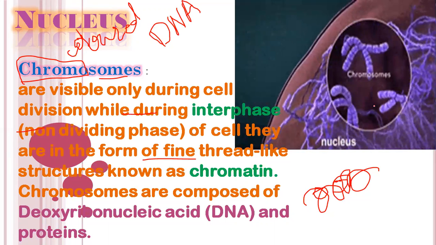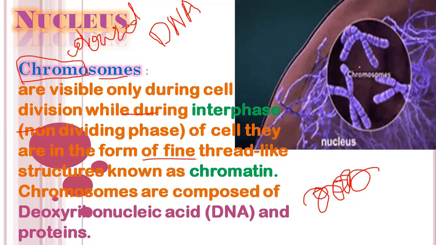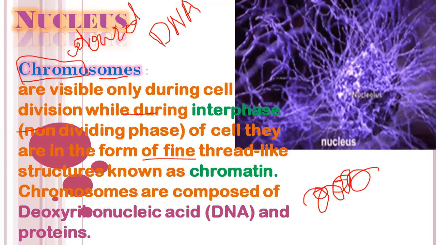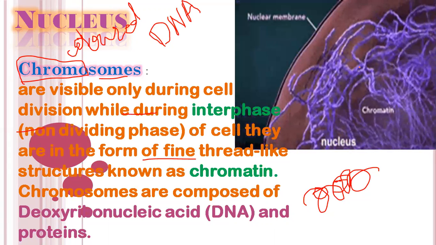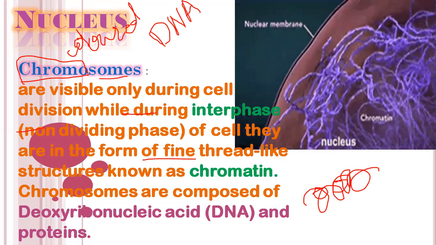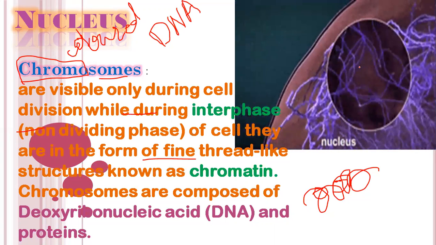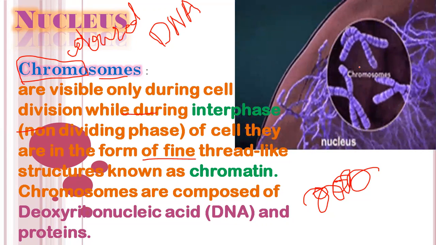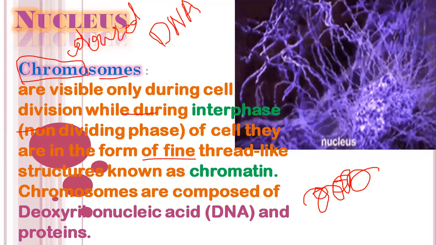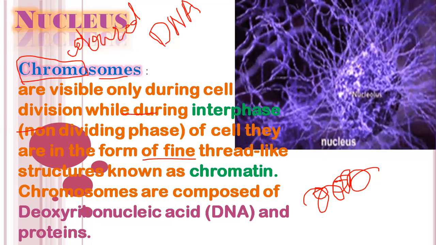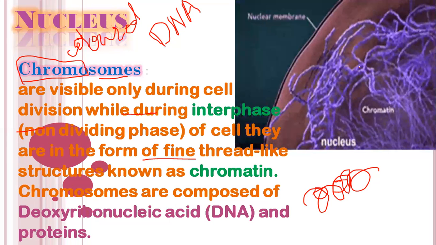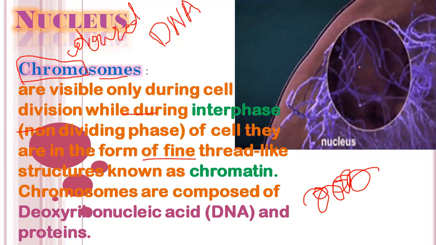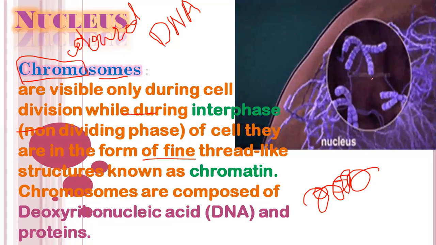They have the characteristics, something which is present here is called genes. For example, we have hair color, eye color, green or blue or black or brown, or height, or intelligence, or foot size, and lots of other characters. Whether we resemble our parents or not, these are transferred by these chromosomes.